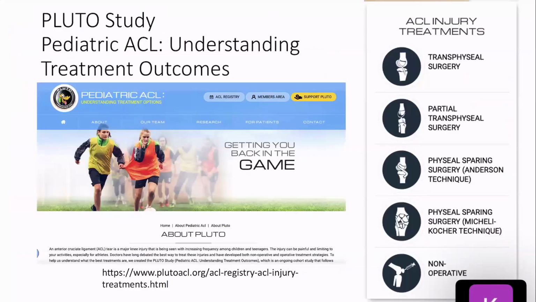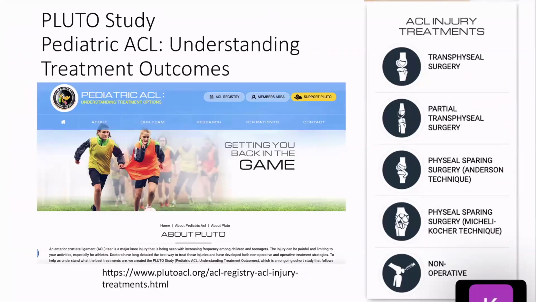For those interested, the PLUTO group, or the Pediatric ACL Understanding Treatment Outcomes group, this is an ongoing multi-center, prospective cohort study that's collecting patient-reported outcomes and radiographic data on non-operative treatment and several different ACL reconstruction techniques.